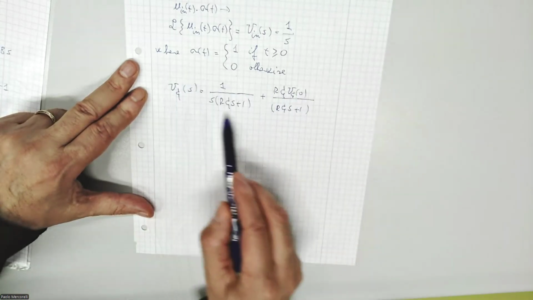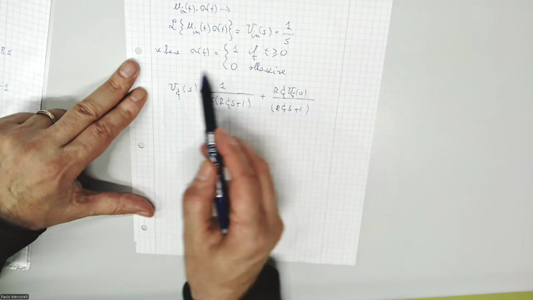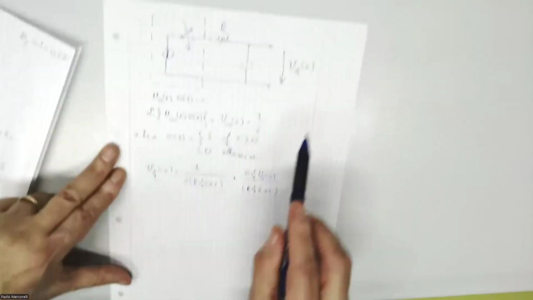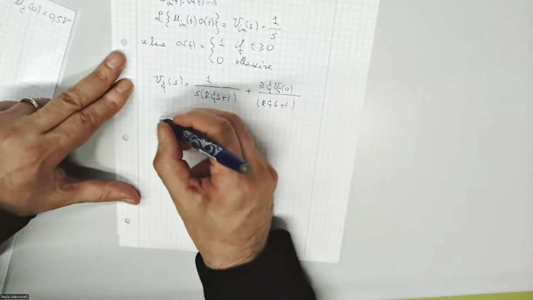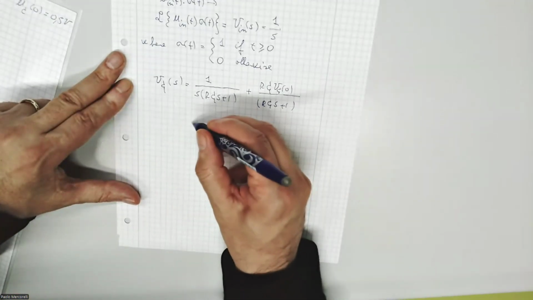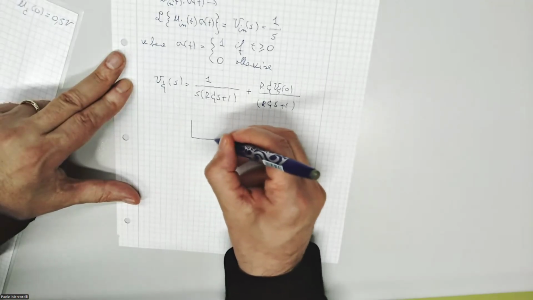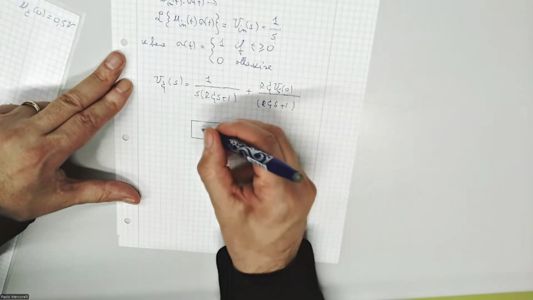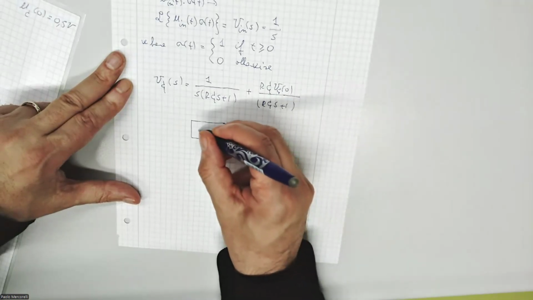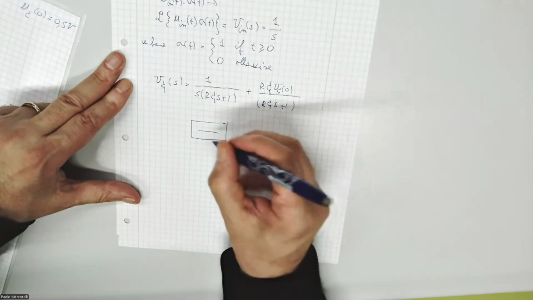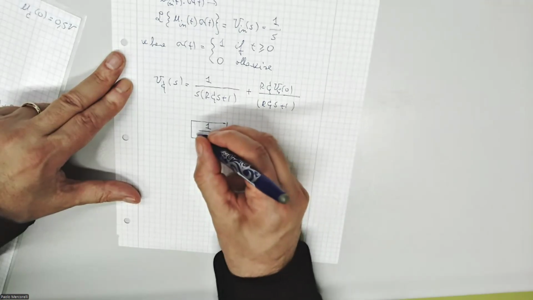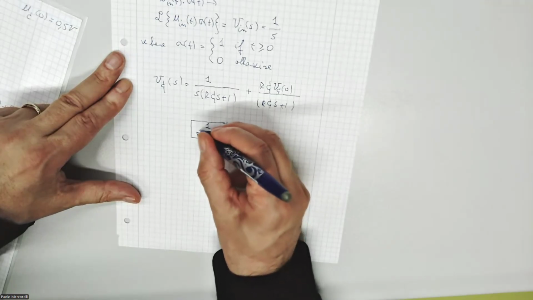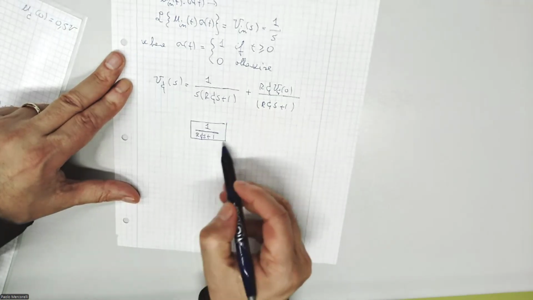How can I represent in a block diagram this expression here? This UC, I can calculate. So we have here 1 divided by RCs plus 1, my transfer function.